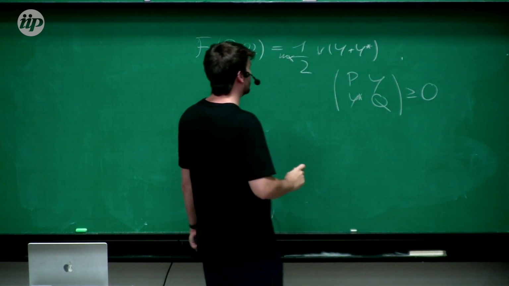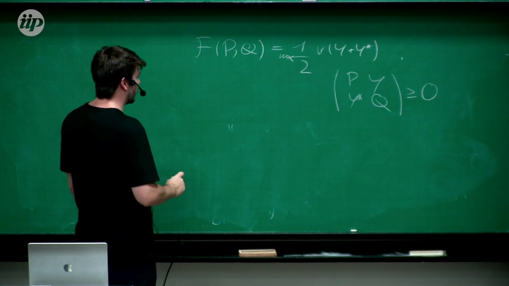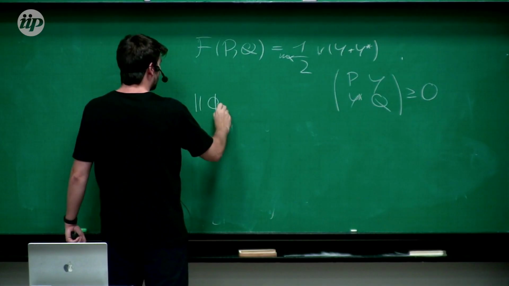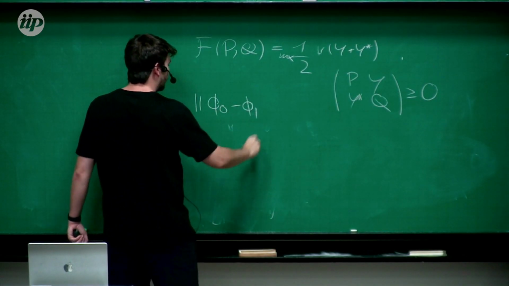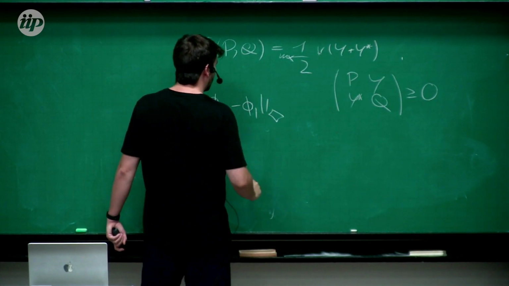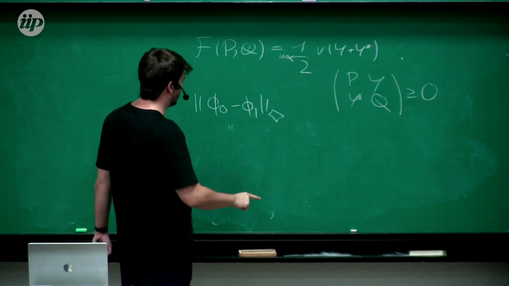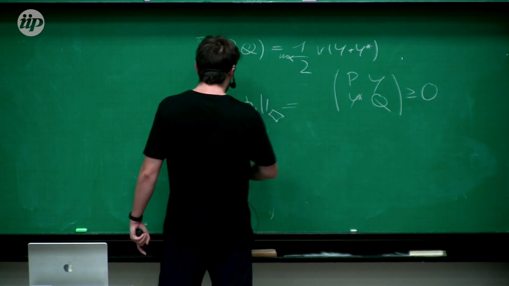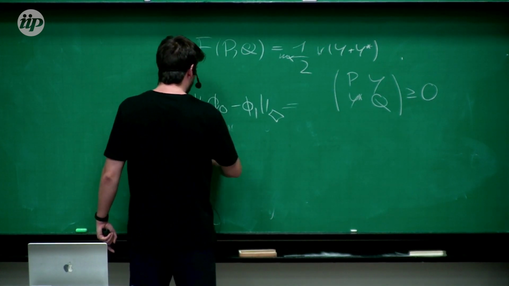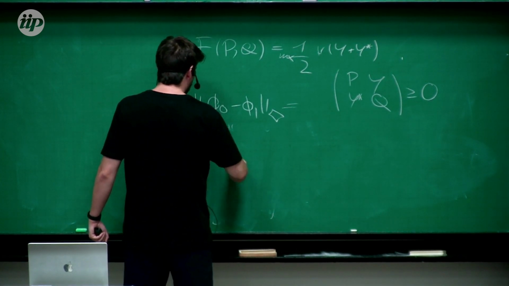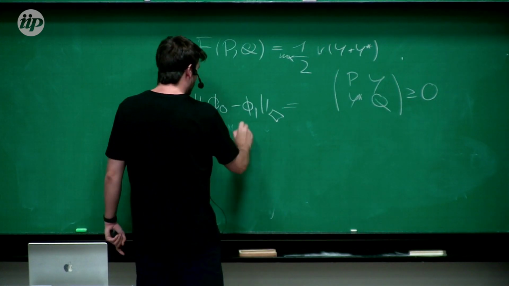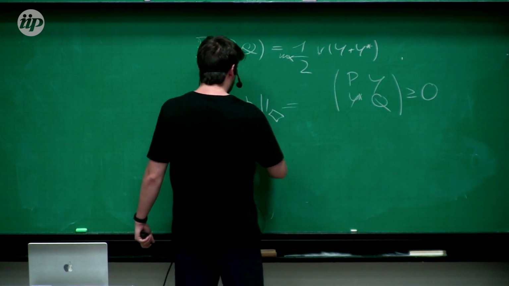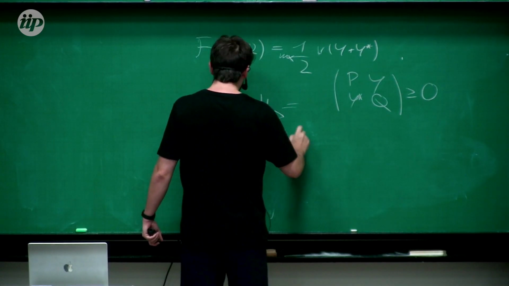Okay. Now, the other result is that if I have two channels, phi 0 and phi 1, and I want to compute the CB norm, this is the same as the maximum over rho 0 and rho 1 of the fidelity between phi 0 and phi 1 applied to the inputs.